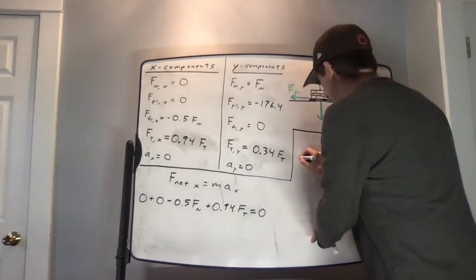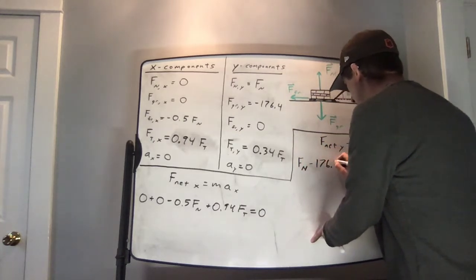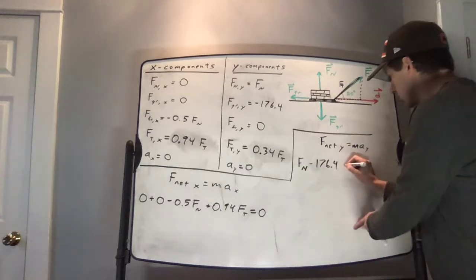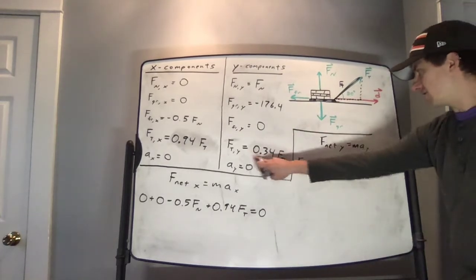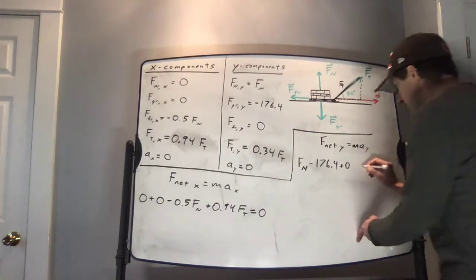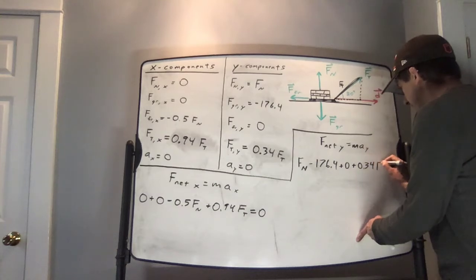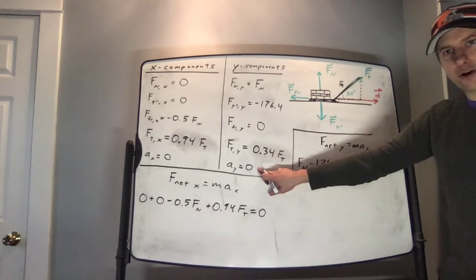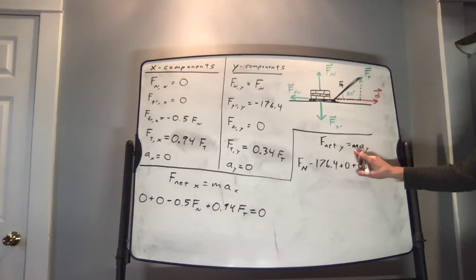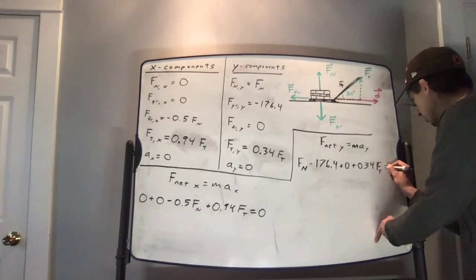So I'll have F normal minus 176.4 plus 0, since friction has a vertical component of 0, plus 0.34 F tension. And just like before, Ay is 0, so it equals mass of the bricks times 0. It doesn't matter, so I could set all this equal to 0.